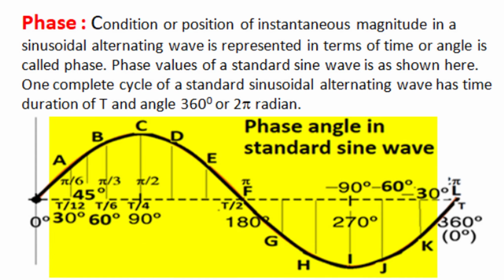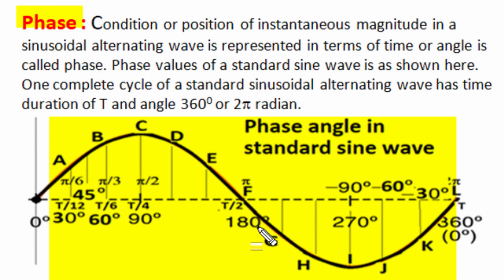In a cycle, all instantaneous magnitudes are unique and non-repetitive in nature. The condition or position of instantaneous magnitude in this cycle of a standard sinusoidal alternating wave is represented in terms of time or angle, and this presentation of the condition of instantaneous magnitude is known as phase.